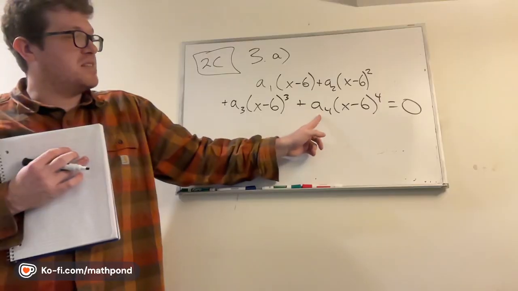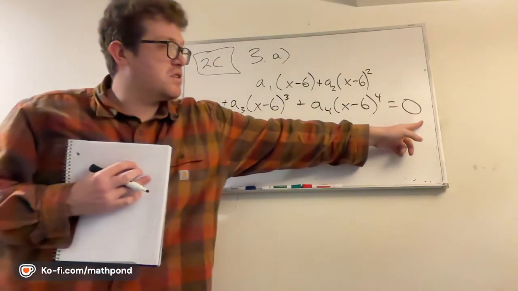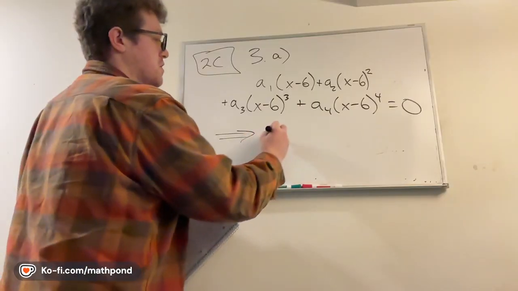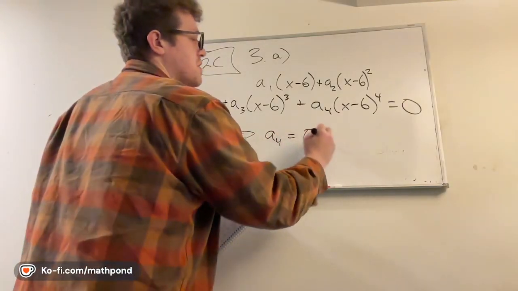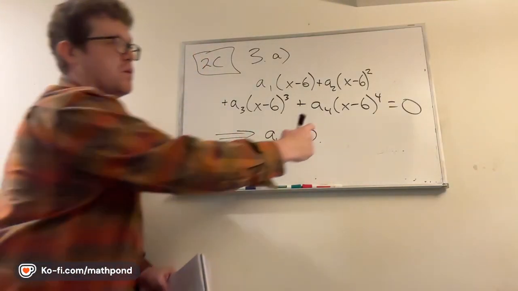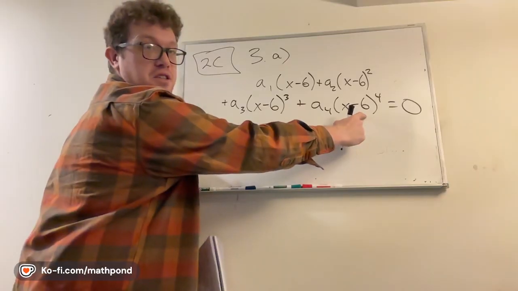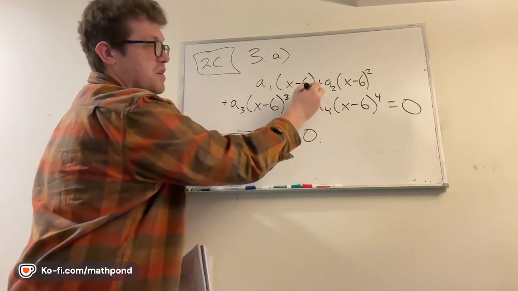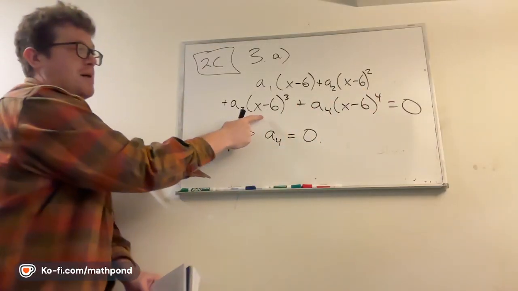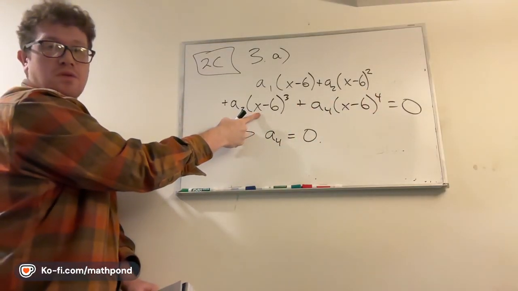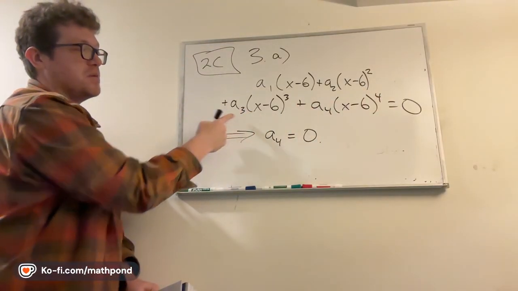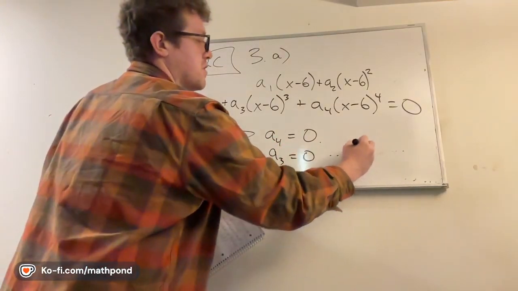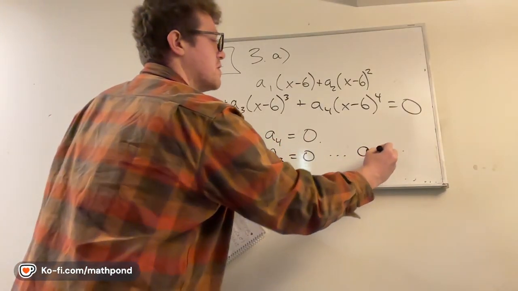So that means a4 has to be 0 because there's a 0 over here. So it's kind of like you go one at a time. First, a4 is 0 because that's the only term that has an x to the fourth. And then since a4 is 0, I can just ignore this term, and that means this is the only term with an x cubed. So a3 has to be 0 also. And so on. So all the a's are 0, basically.